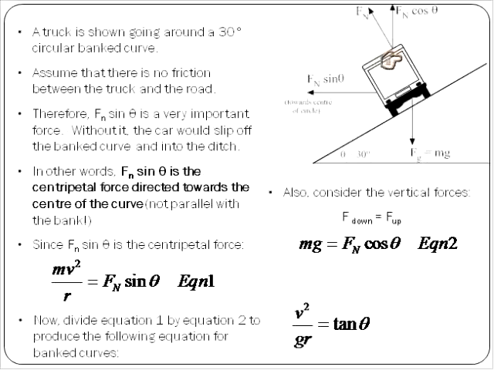Our centripetal force is caused by the horizontal component of the normal force, because gravity, being straight down, doesn't have a horizontal component. The normal force acts perpendicular to the surface, so it's at an angle to the horizontal.